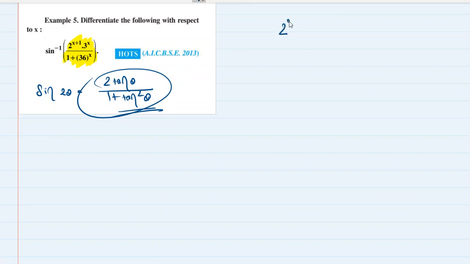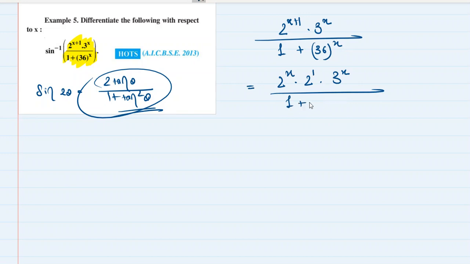So 2 raised to x plus 1 multiplied by 3 raised to x the whole upon 1 plus 36 raised to x. This can be simplified as 2 raised to x multiplied by 2 raised to 1 multiplied by 3 raised to x the whole upon 1 plus 6 square raised to x.